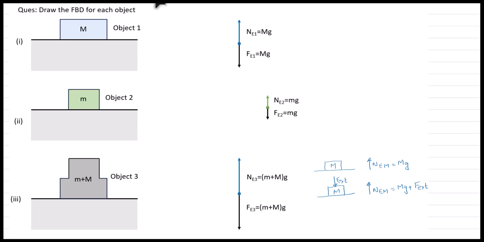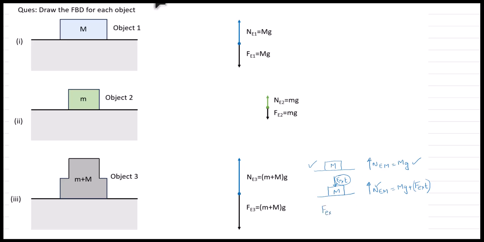We can also generalize the understanding like this. If there is an object with mass m, and the normal force by Earth on that object is mg, then if an additional force, F external, is applied on the object, either through a push on the object or by placing another weight on this object, then the normal force by the Earth on that object will also increase by the same amount.